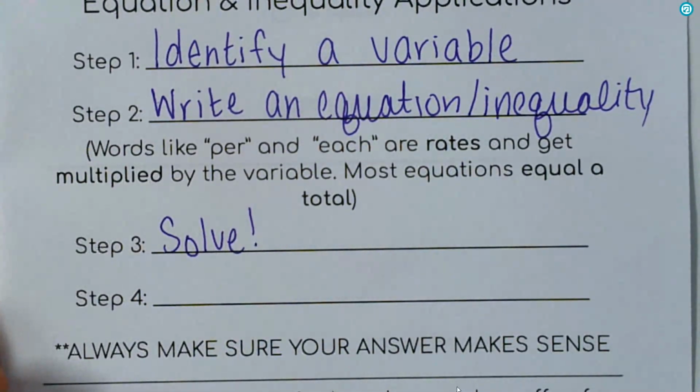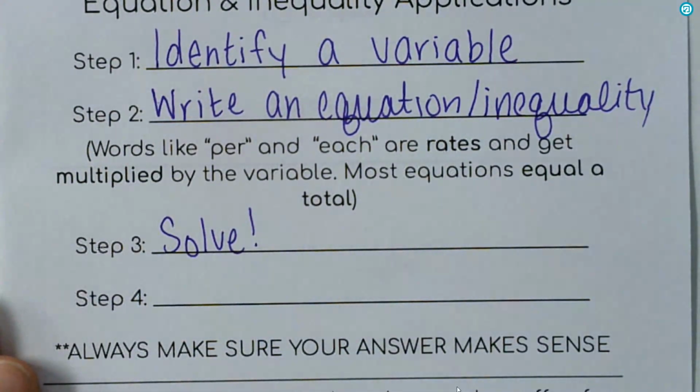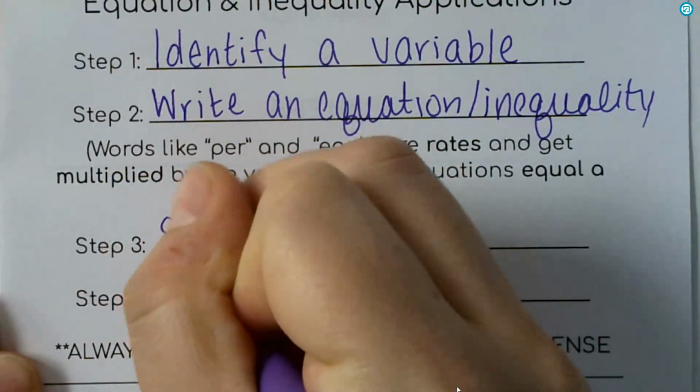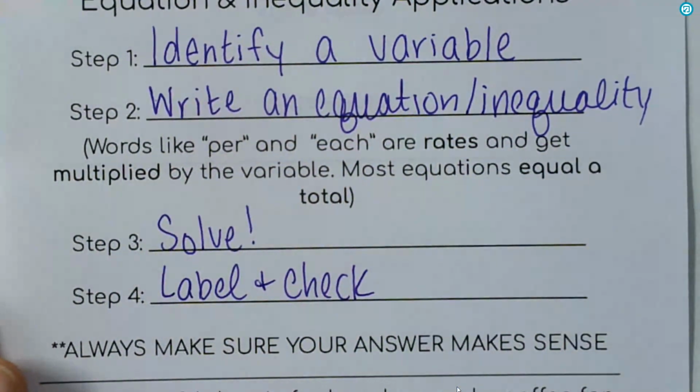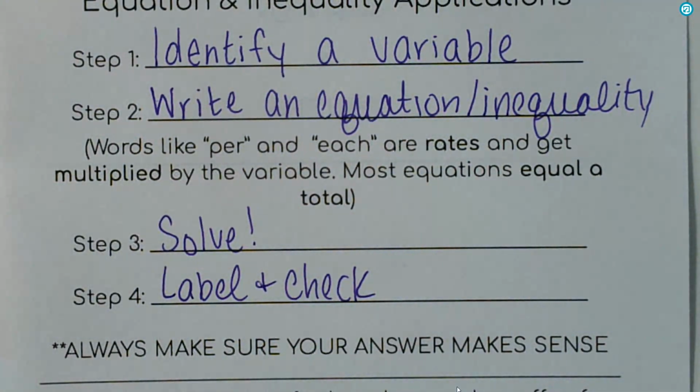And then step 4, this is important, you are going to label and check your answer. Label is us putting on a dollar sign, or time, like minutes, hours, months, years, cats, dogs, barn owls, whatever it is. We need to label it because we're answering a question. At the end, you always want to make sure your answer makes sense.